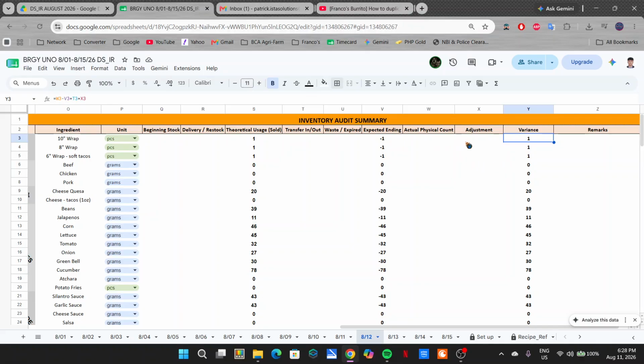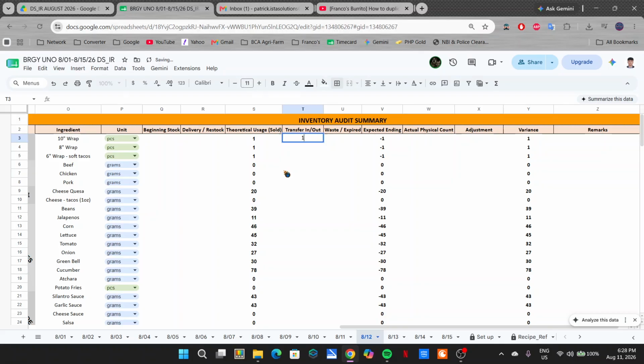Okay. All right. So if you transfer any supplies to, say, other branches, you input here. Okay. If that's positive, that means transfer in, meaning that came from the unit up to Barangay. Let's say I'm a cashier from Barangay Uno and we needed supplies of 10-inch wraps. So the unit up has extras that they can give.